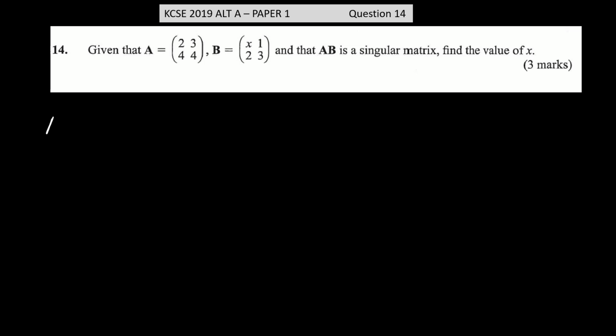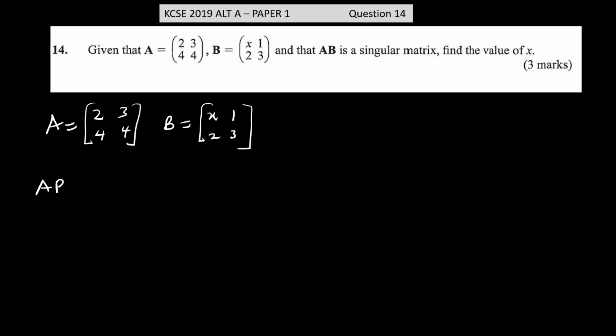Again, we have matrix A equal to 2, 3, 4, 4, and B equal to x, 1, 2, 3. Now let's find AB, the multiplication of matrix A and B. We multiply 2 by x to have 2x, plus 3 times 2, that is 6.